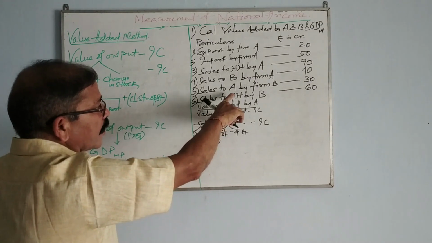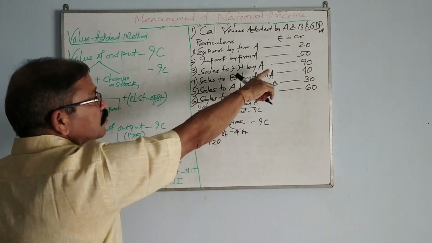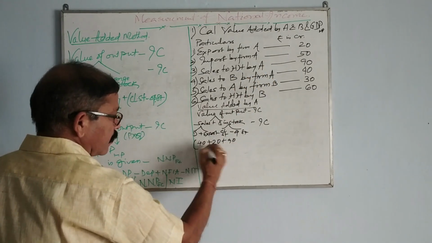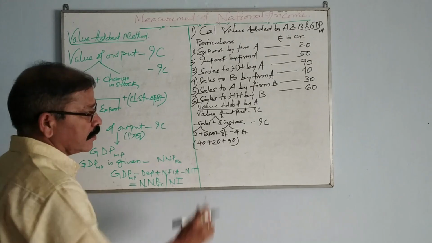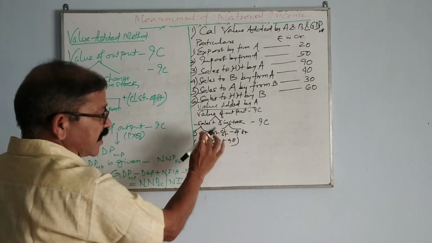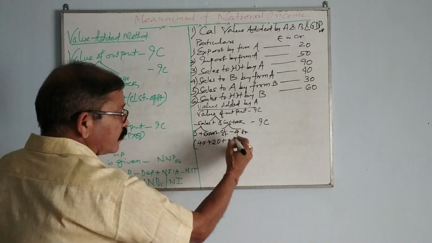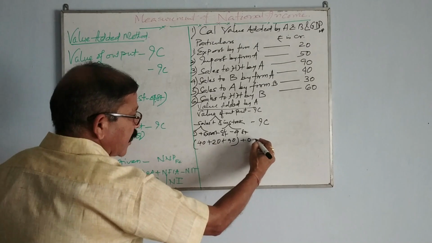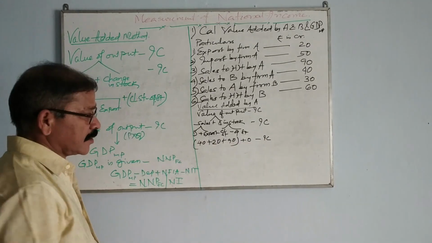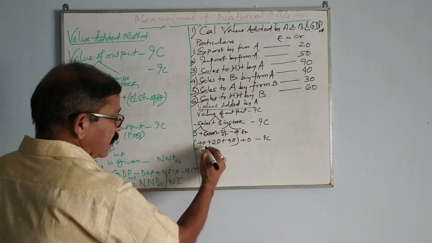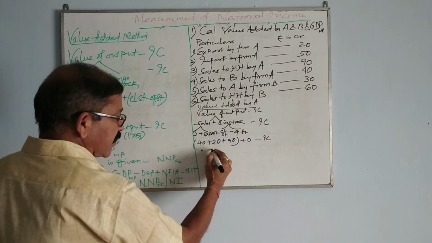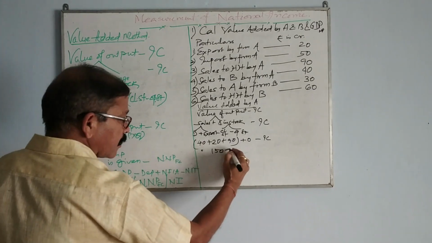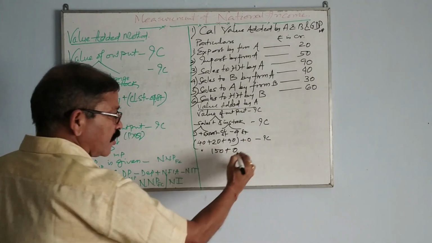Sales to households by A, that is 90. This is the sales you have derived. Change in stock is not there, so it is 0. Now just see 40, 20, 90; that means 150, plus change in stock 0.